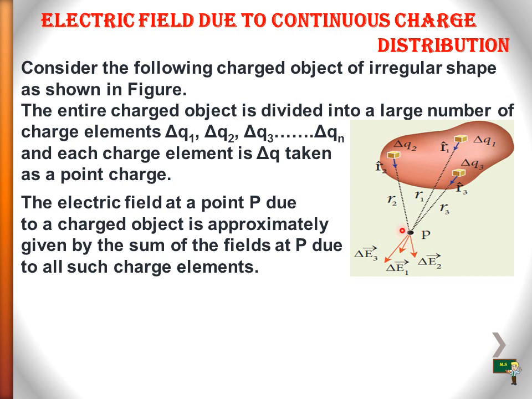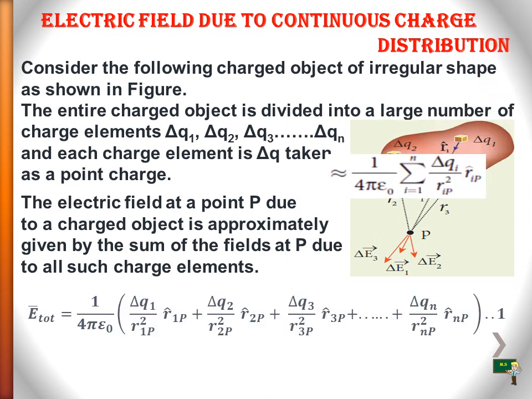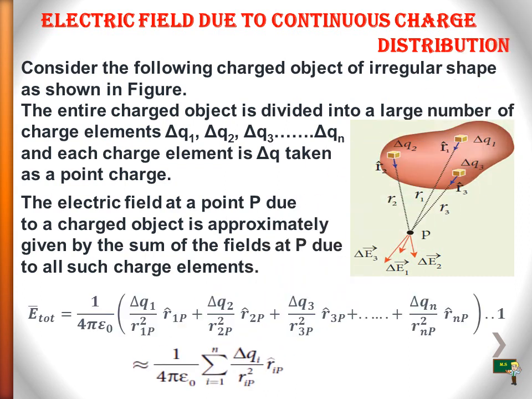So at P, they have the sum of the electric fields. That's why we put the total electric field here. Already in the last class we came across these words.